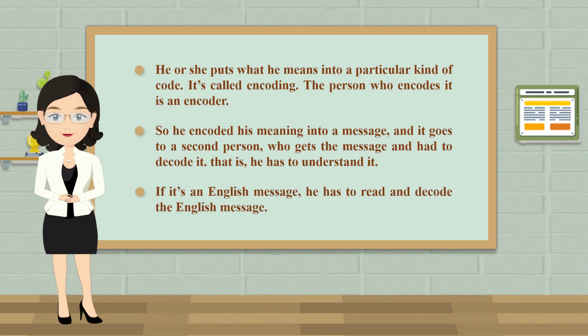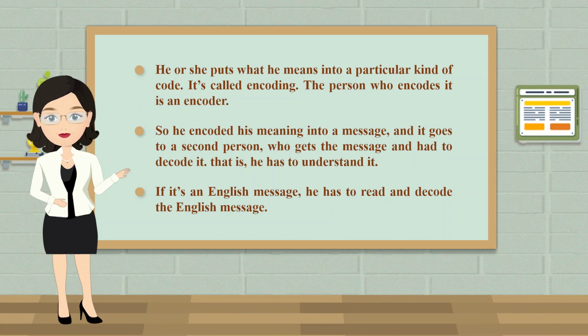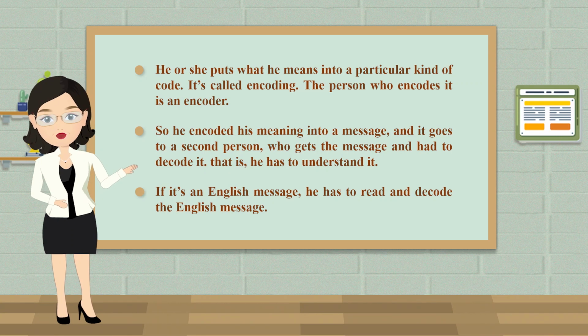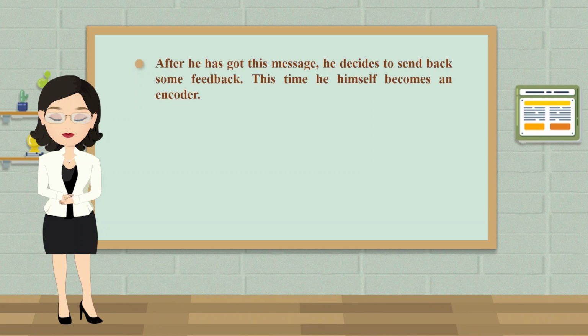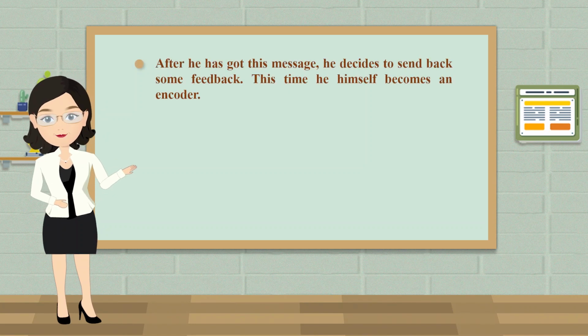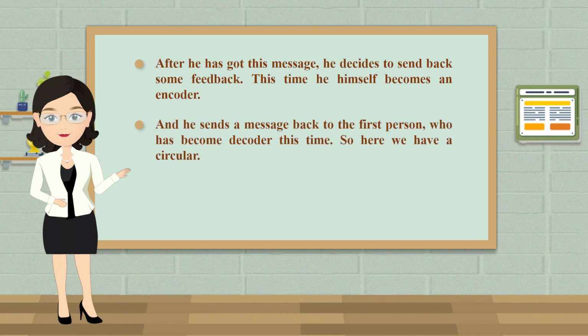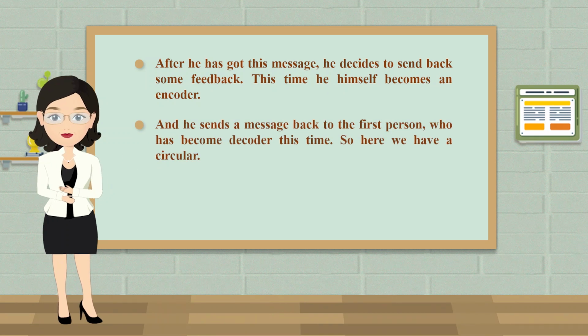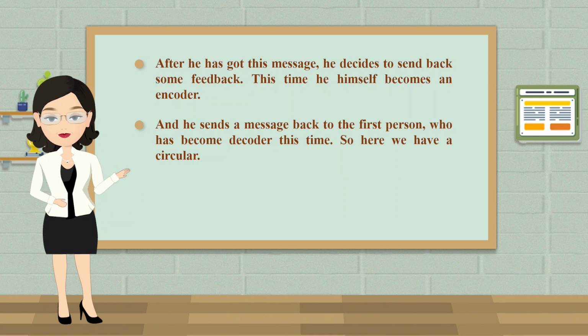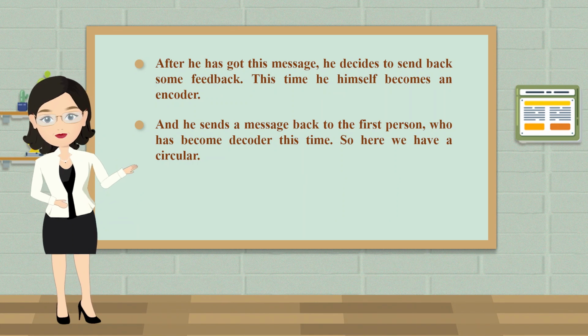If it's an English message, he has to read and decode the English message. After he has got this message, he decides to send back some feedback. This time, he himself becomes an encoder, and he sends a message back to the first person who has become a decoder this time. So here we have a circular model.